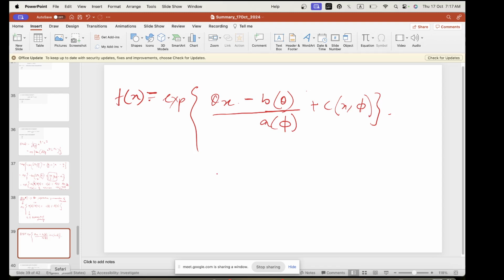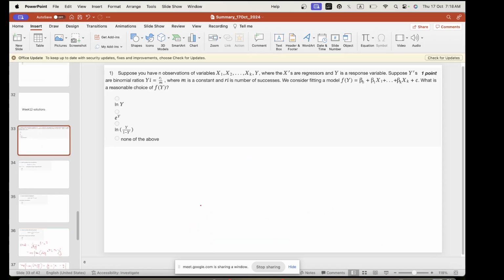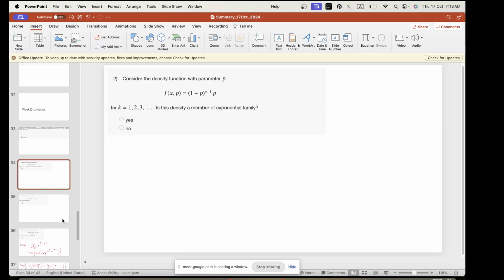I just have to rearrange my expression in this form, where theta is the population parameter, as you told, c of x, phi is a constant and a of phi is a constant. So if you solve question number 1, where we have lambda power x e to the power minus lambda, x factorial in denominator.